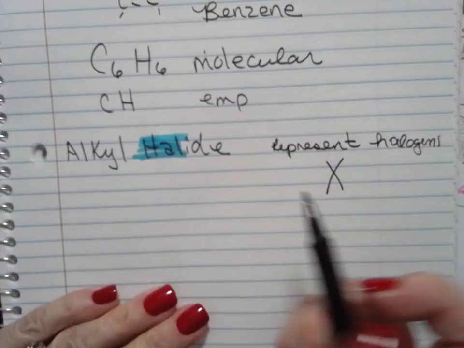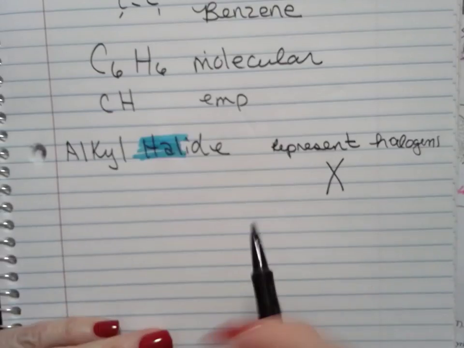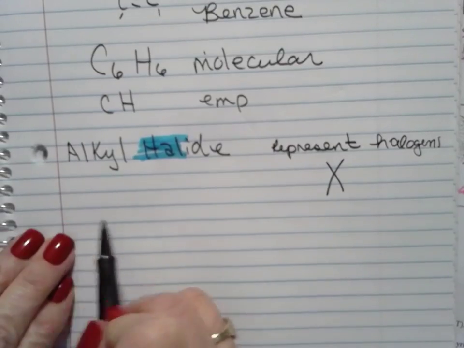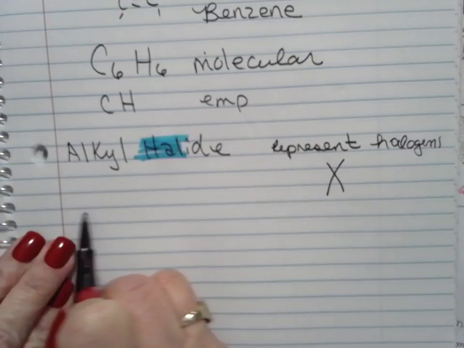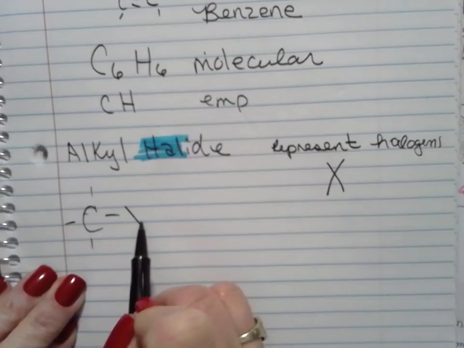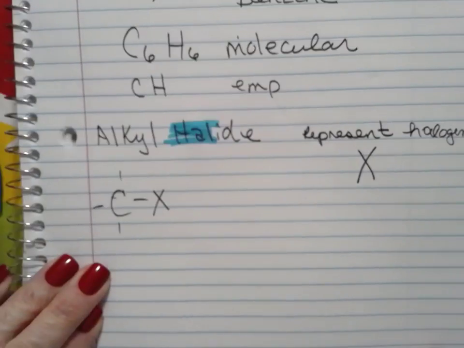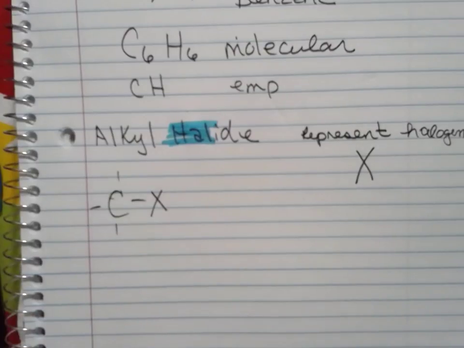The example that they give you is, well, first of all, an alkyl halide is represented in this way. Now I'm going to start doing something here that your book does not do at this point, but it will do later on.